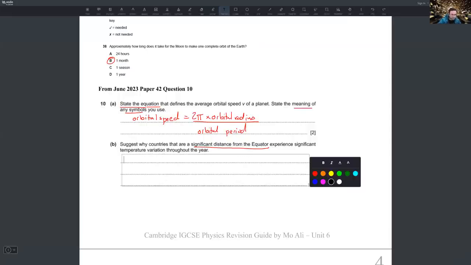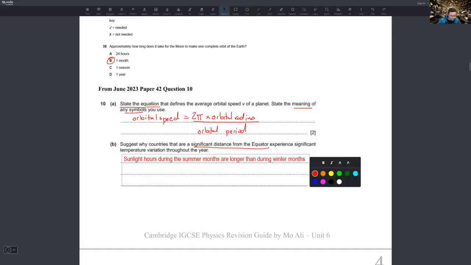Because it's only one mark, we can say something like: the sunlight during the summer months, or sunlight hours during the summer months, are longer than during the winter.